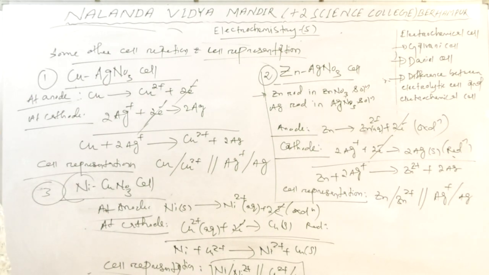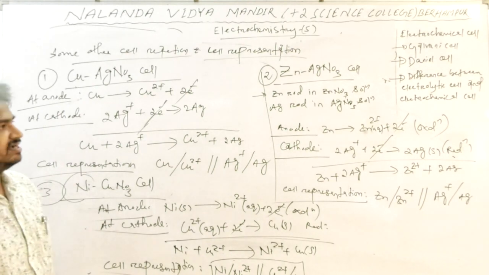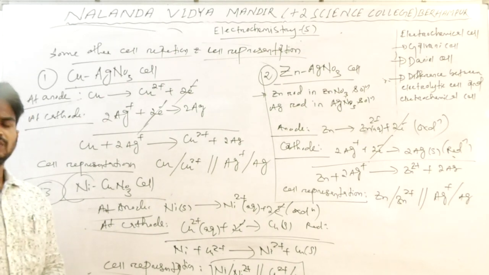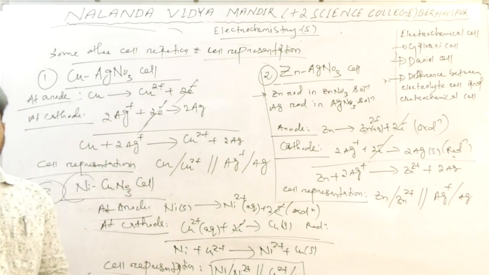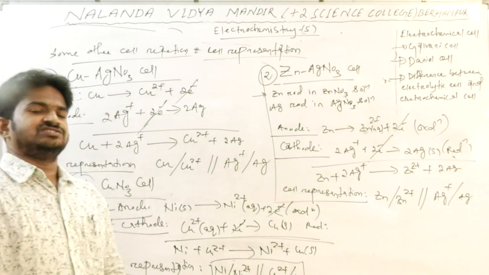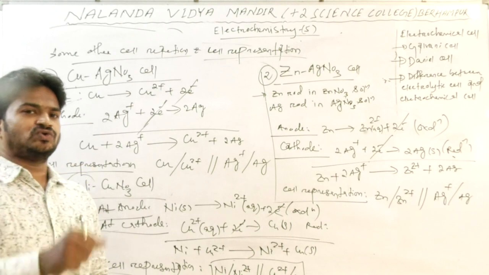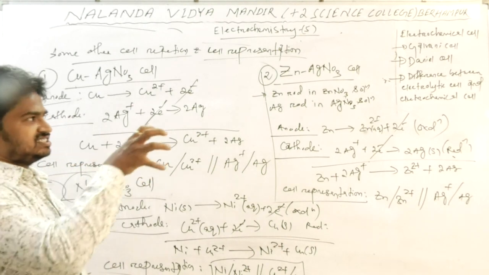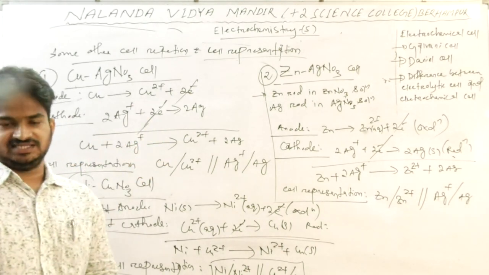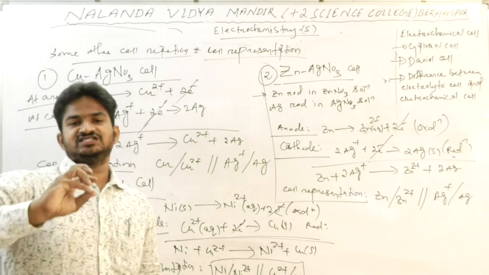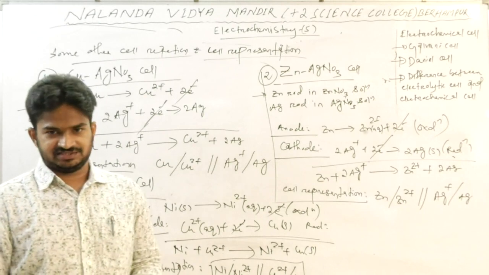Then move on to the next part, that is the difference between electrolytic cell and electrochemical cell. Electrolytic cell: in our first lecture, the concept was electrolysis, and that came from the electrolytic cell. It is the conversion of electrical energy to chemical energy.